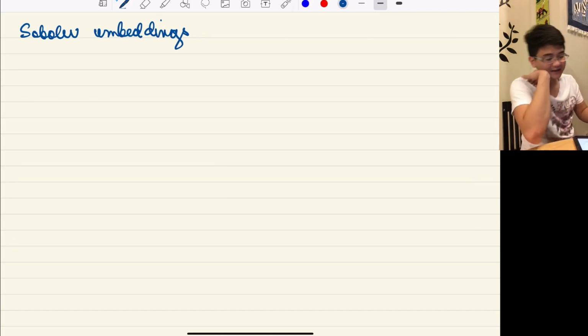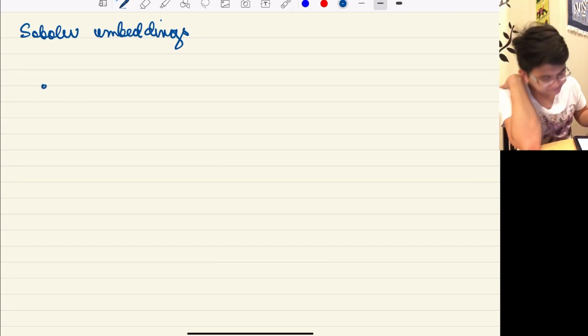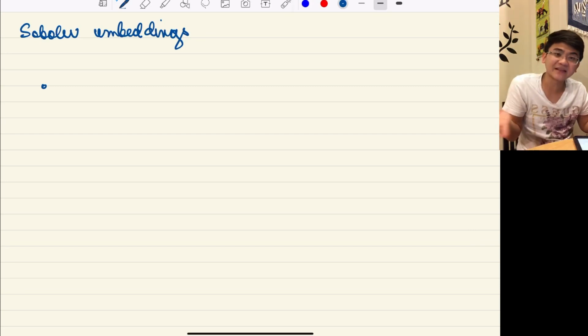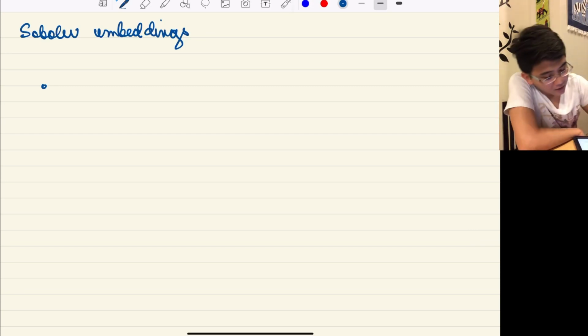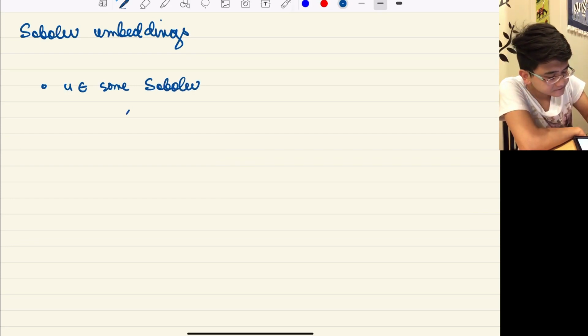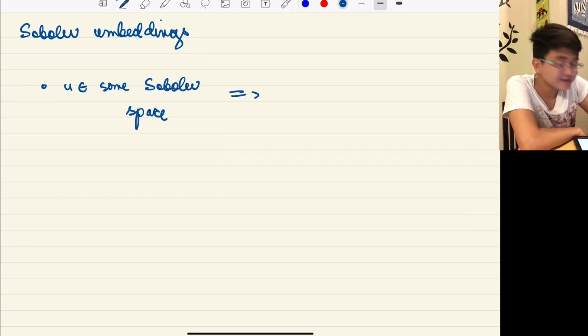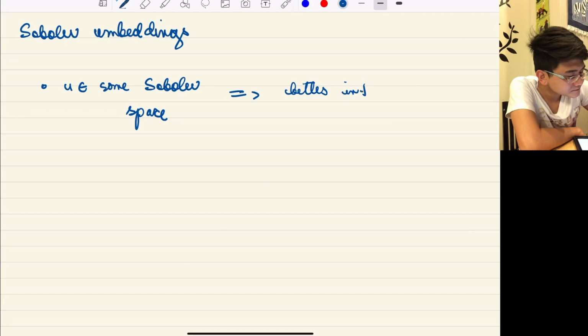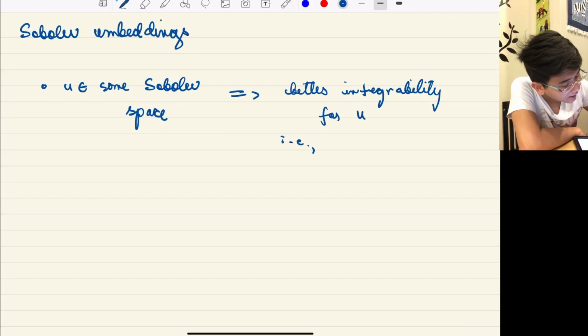For the first set of embeddings, these are going to be some kind of inequality. So if U belongs to some Sobolev space, then what this means for you is that you have better integrability for U, meaning the integral of U to the P is finite for larger P.